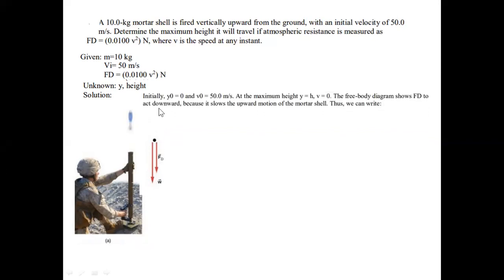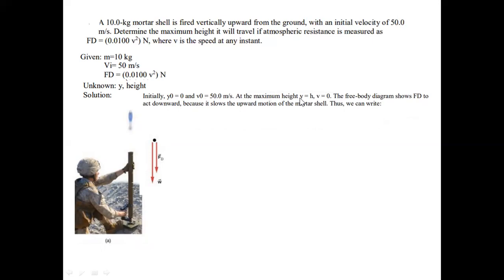Initially, the height y0 is equal to 0 and the initial velocity is 50 meters per second. So at this point, the height y is equal to 0. And then once the soldier starts firing it, our initial velocity becomes 50 meters per second.